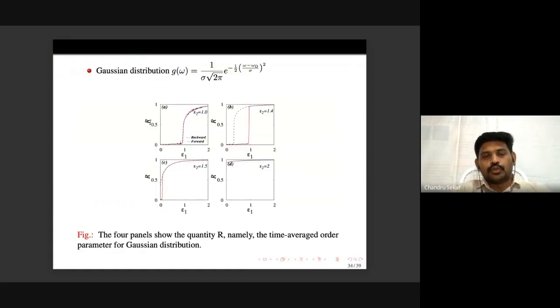We have also verified the generality of the result for the Gaussian frequency distribution. We have identified the new state, multi-stability, first order phase transition and so on in the system.